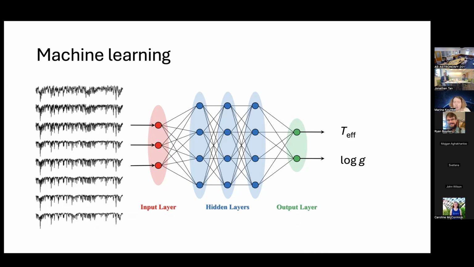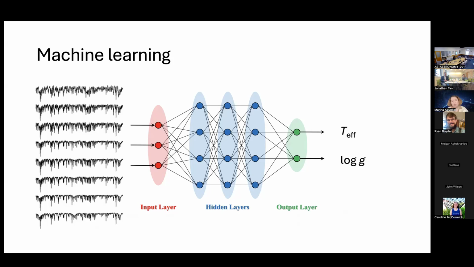And the way that you would train this model is first you assume random weights, and then you pass your data through this model. And by the end of it, you get the predictions for temperature and surface gravity. And the initial predictions are going to be absolutely awful. But for some sources, it's going to be a bit less awful than for others. And so you go back and you try to adjust all of the weights, trying to keep the performance on the stars where you had slightly less awful performance, and to try to improve all of the other sources.